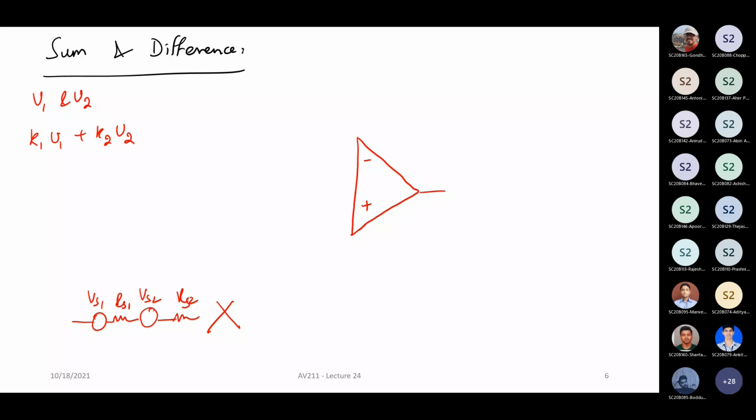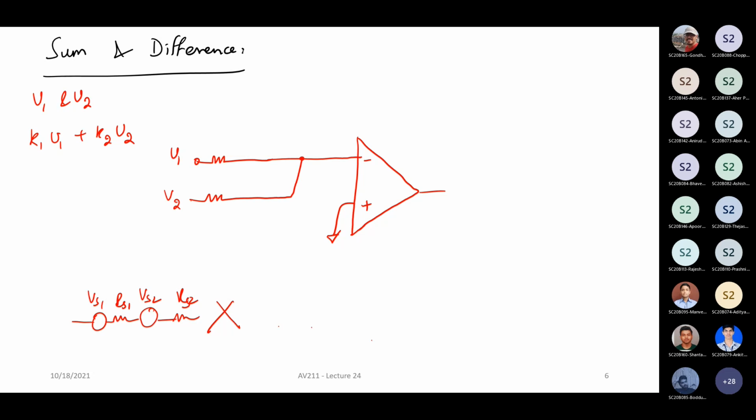Okay. So how do we add currents here? By summing them at a node. So if you want to have some K1 times V1 and K2 times V2, the way we do it is, let's say you have two inputs, V1 and V2, summing like this.